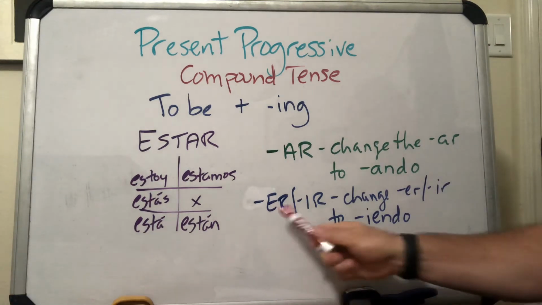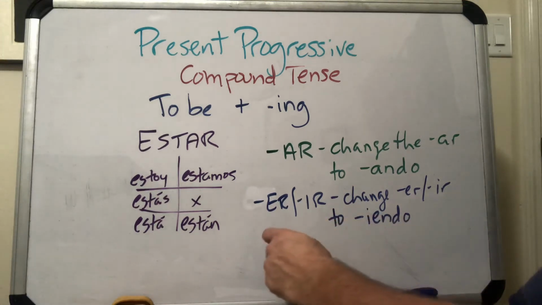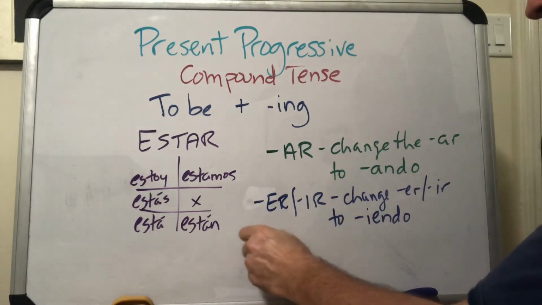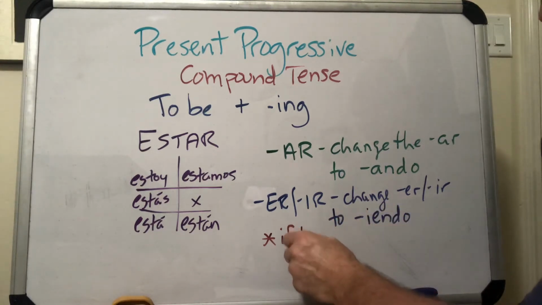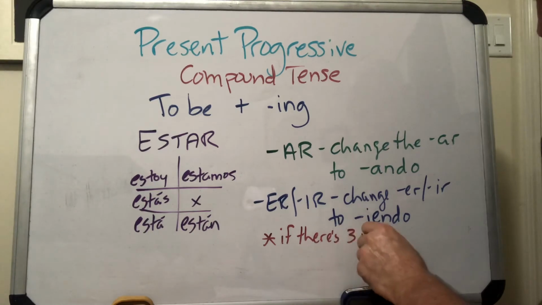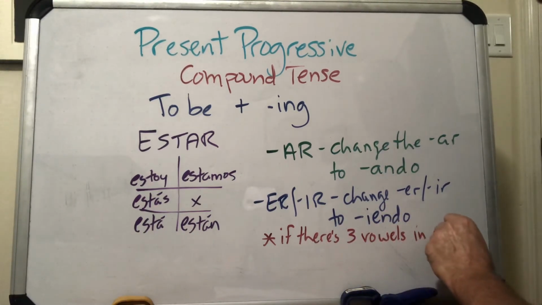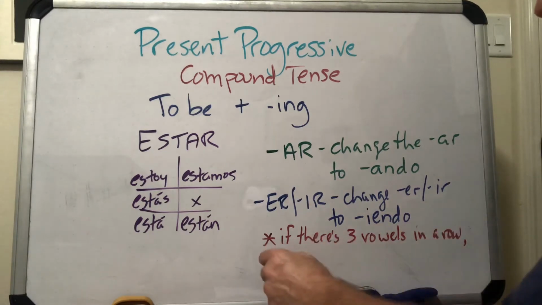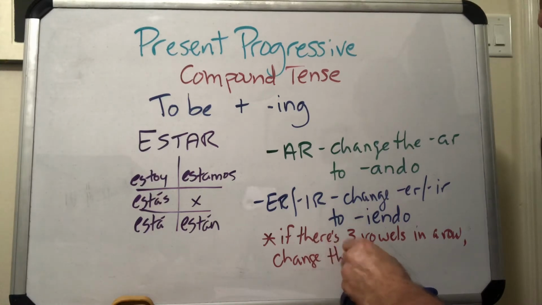Okay, now ER and IR, we have another potential issue. If we do this, we change to the iendo, and then there's 3 vowels in a row. Change the I to Y.